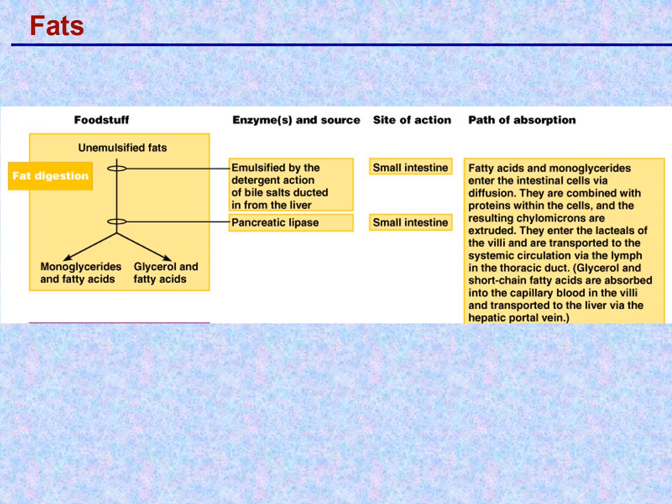It first is emulsified, then broken down by lipase, then diffuses in, reforms into triglycerides, forms micelles, and then gets carried across and is now called chylomicrons, and then extruded across, goes into the villi, the lacteal of the villi.